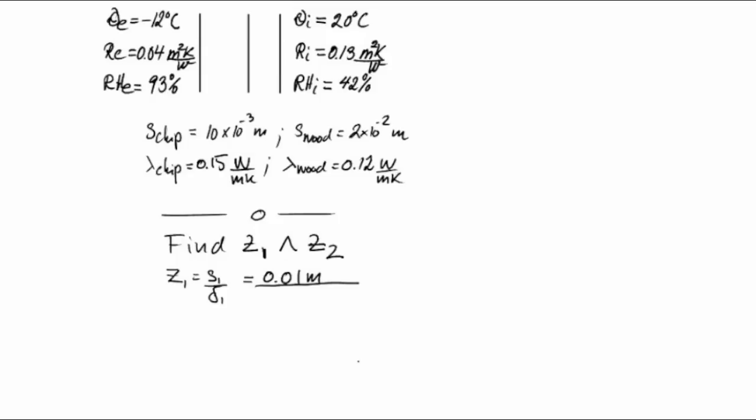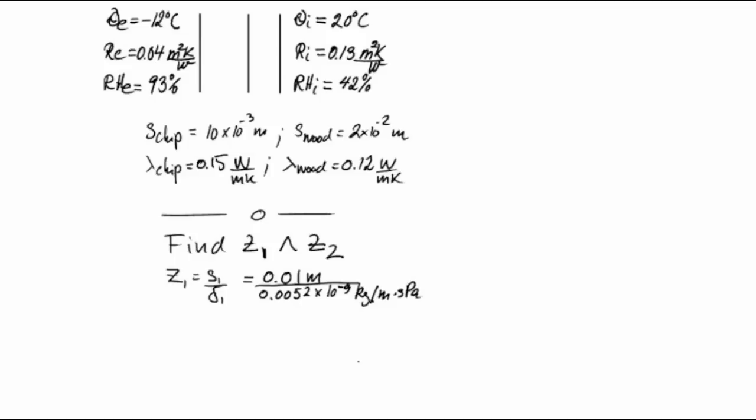So what I do now is I calculate the resistance to diffusion for chipboard, and the thickness was 0.01 meter, and I have Googled the vapor permeability for chipboard, and it's 0.0052 times 10 to the power of minus 9 kilogram divided by meter second Pascal.